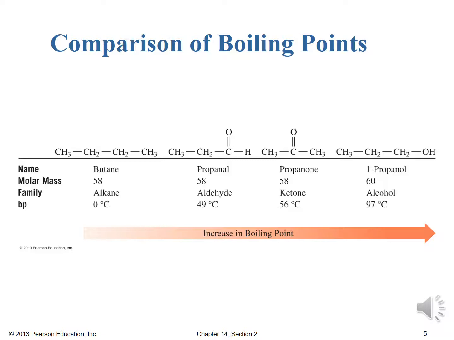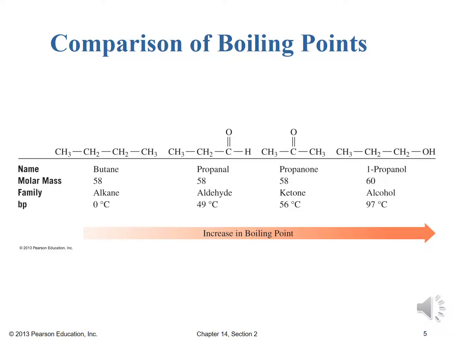although its molar mass is roughly the same as the others we've discussed so far. And then finally, 1-propanol, which has a slightly higher molar mass, but not nearly high enough to explain this difference, because it's an alcohol and because it can do hydrogen bonding. That's what explains the difference between 56 degrees C for the boiling point of propanone and 97 degrees C for the boiling point of the alcohol, in this case 1-propanol.